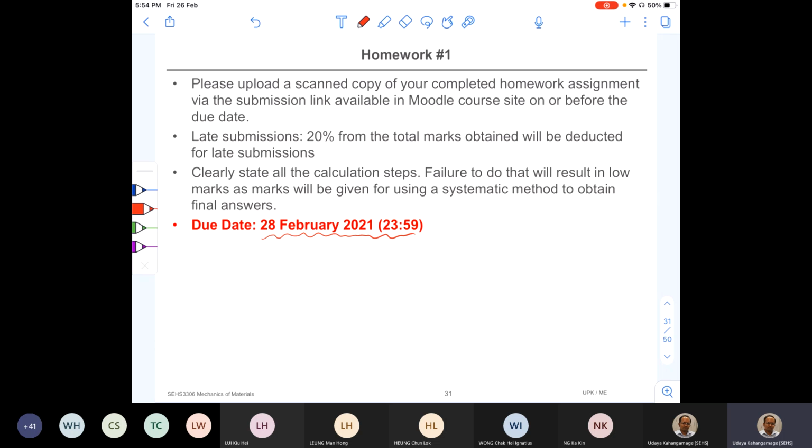Therefore, I just encourage you to work independently. That doesn't mean that you don't need to talk to your friends. You can sit down together with your classmates, work together, learn together, and complete this assignment together. It doesn't matter. But what I'm asking you not to do is one-to-one copying blindly.